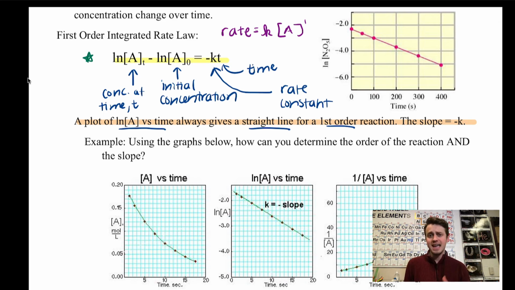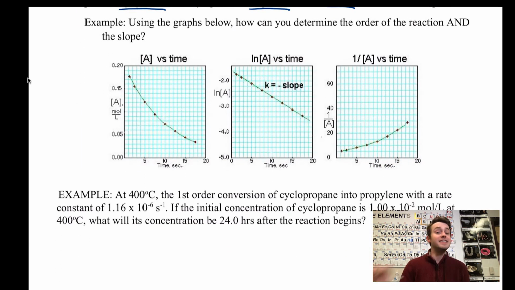Natural log of A has to be on the y-axis, time has to be on the x-axis for that to be the case. So if I were to look at these 3 graphs right here and ask you what the order of the reaction is, it's actually pretty easy. You would just tell me that since when I plot the natural log of A versus time, the line that is produced is straight, we know that this is a first order reaction.